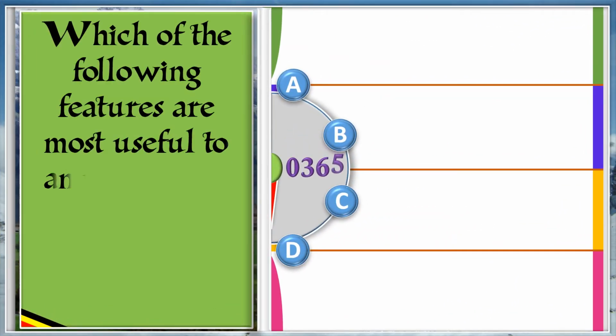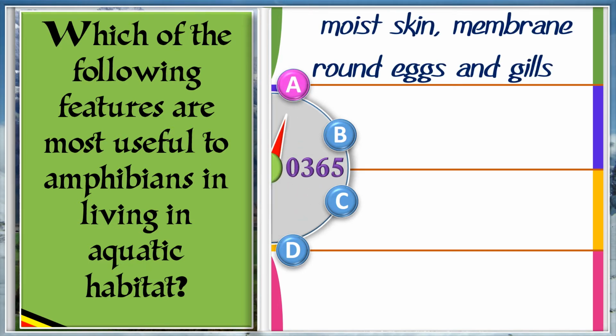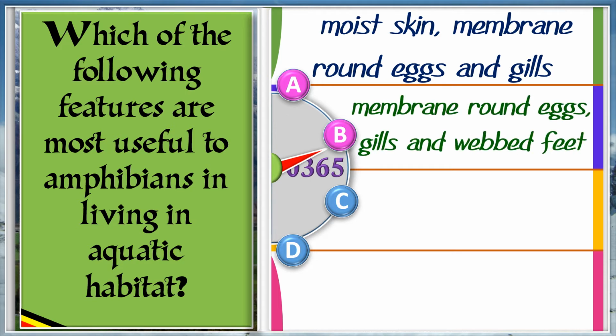Which of the following features are most useful to amphibians in living in an aquatic habitat? A. Moist skin, membrane, round eggs and gills. B. Membrane, round eggs, gills, and webbed feet.